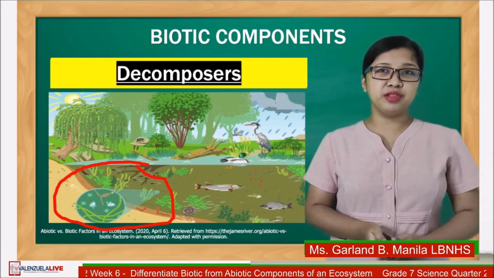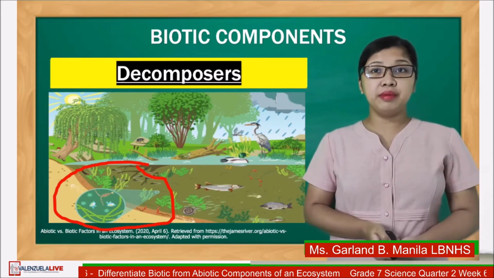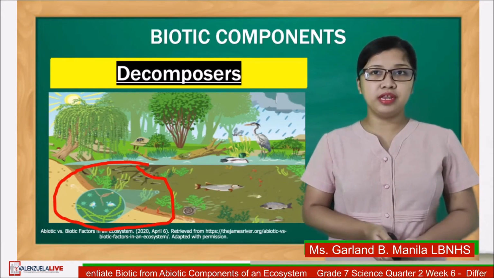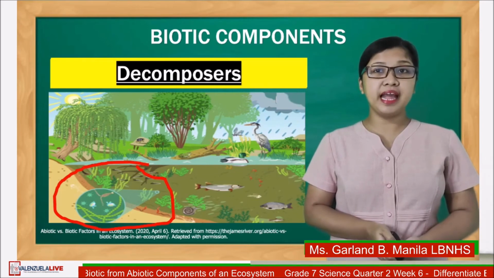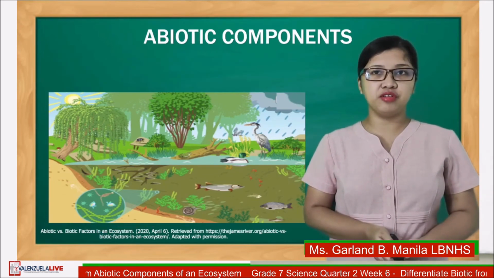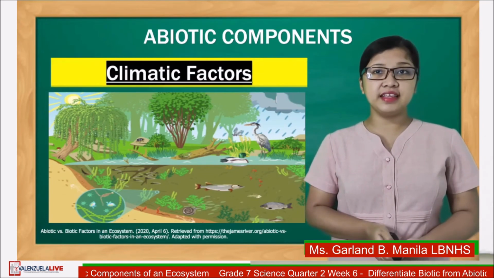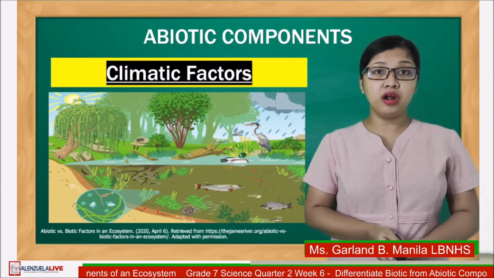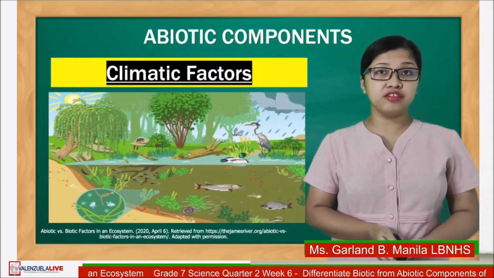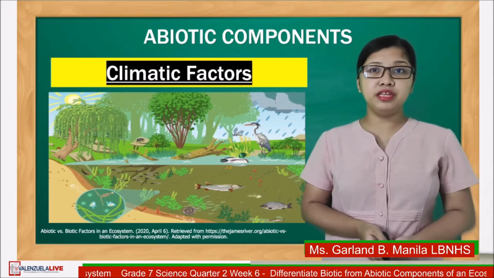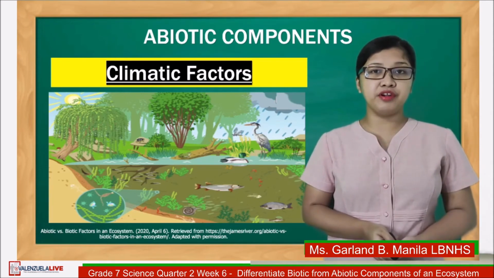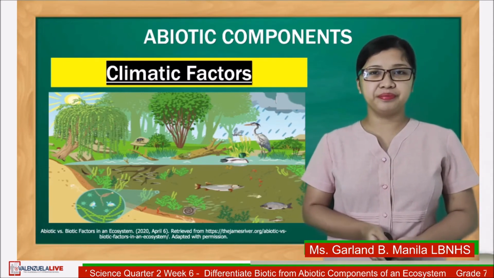Good job, dear students. This time, let us have the abiotic components. Once again, you will be typing your answers in the comment section. First, let us identify what is or are the climatic factors in this picture. I will give you 5 seconds to type your answers. Go!